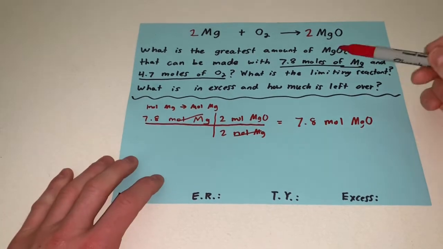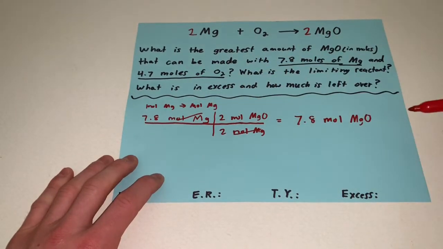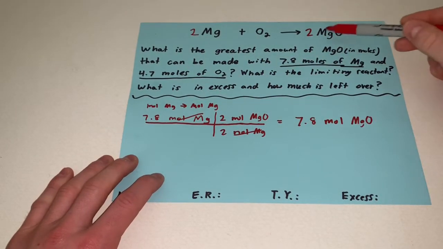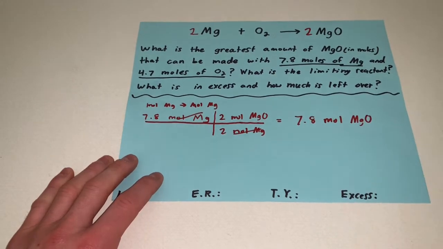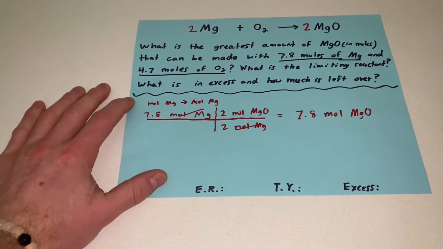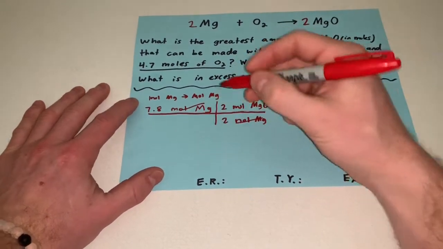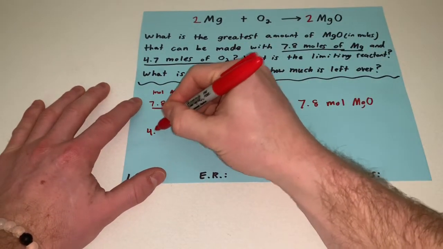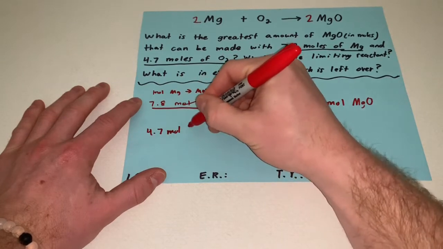So based on this, if I put in 7.8 moles of magnesium, I'm going to be able to produce 7.8 moles of magnesium oxide. Now let's see how much magnesium oxide we can produce from 4.7 moles of oxygen. 4.7 moles of O2.